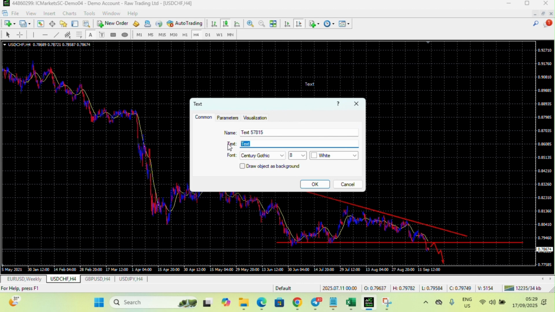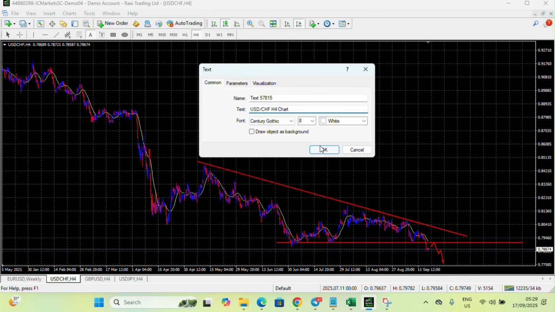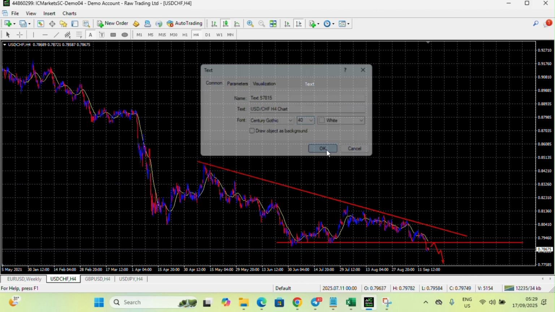So we're going to have USD Swiss franc. We are on the H4 chart. Sorry about that noise. I want to make that 40. Let's leave it white.